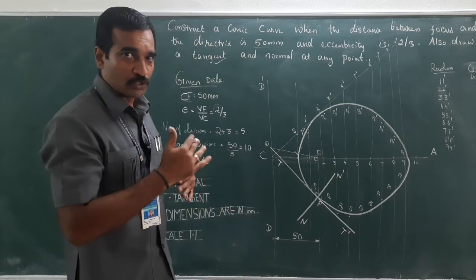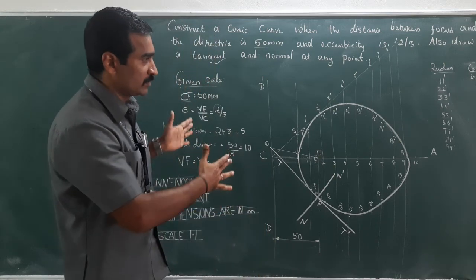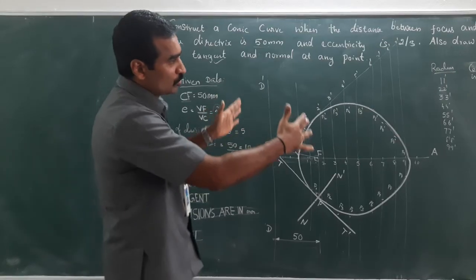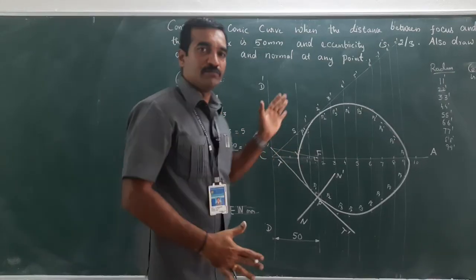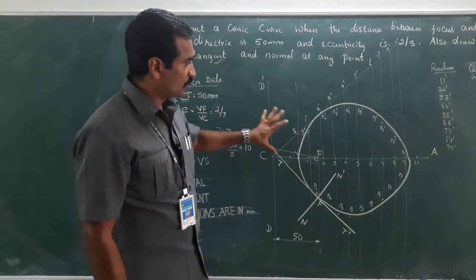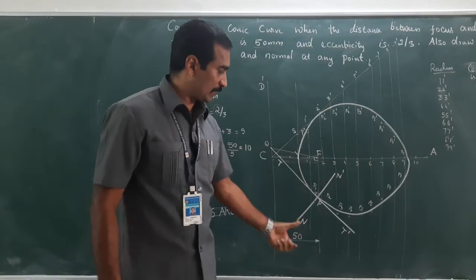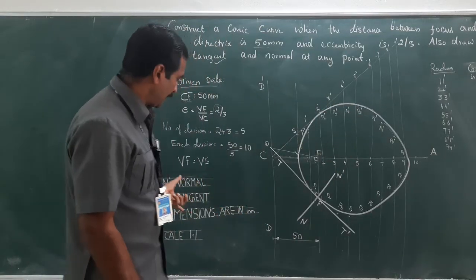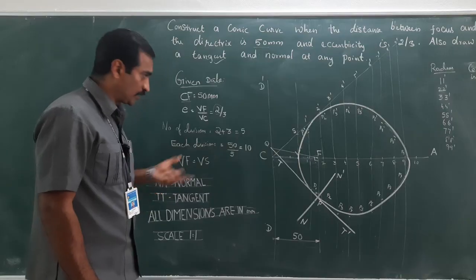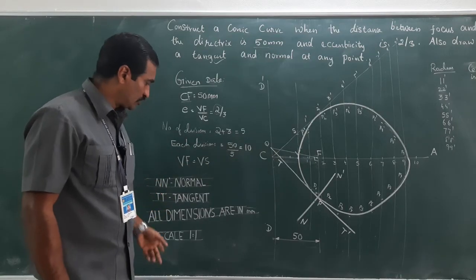Before proceeding to another diagram, you must go through each and everything to check whether you have missed anything. So you have drawn the profile, tangent and normal, the dimension has been mentioned, and the title has been given for normal, tangent, dimension and scale.